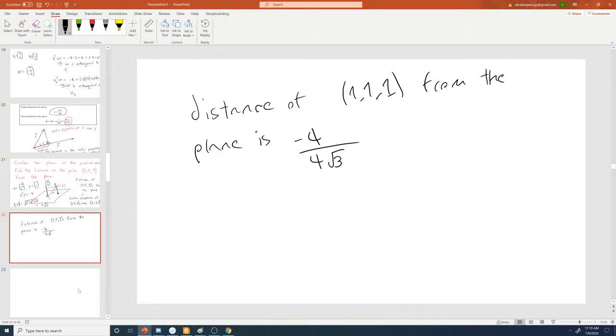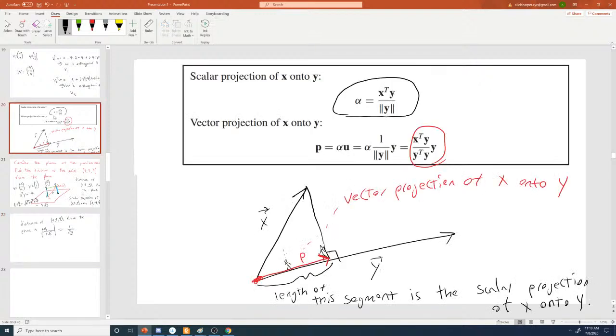And because we want our distance to be positive, we may as well take the absolute value of this. And this just gives us 1 over the square root of 3. So this is one way that we use scalar projections: to compute the distance from a vector onto a plane.